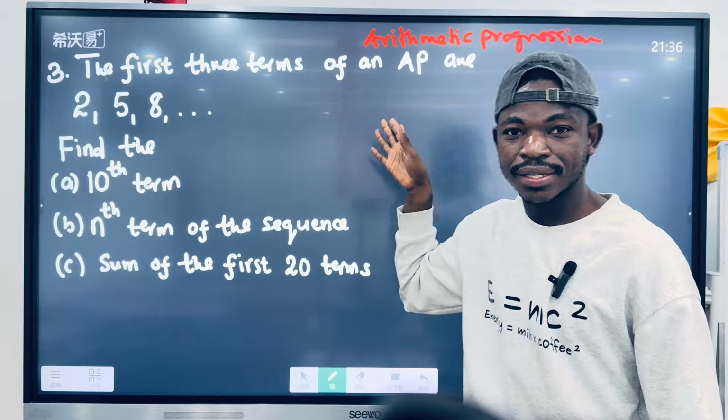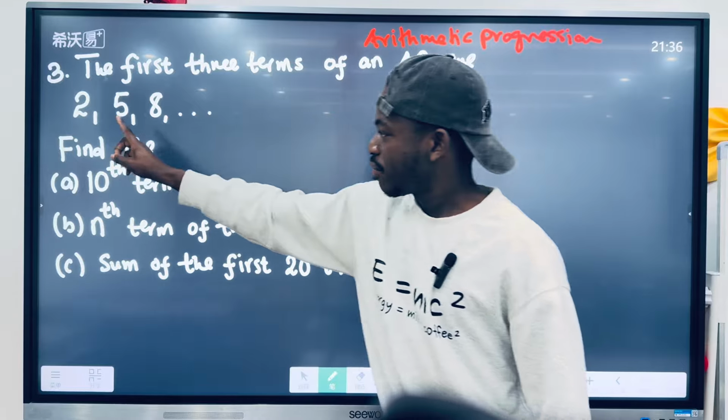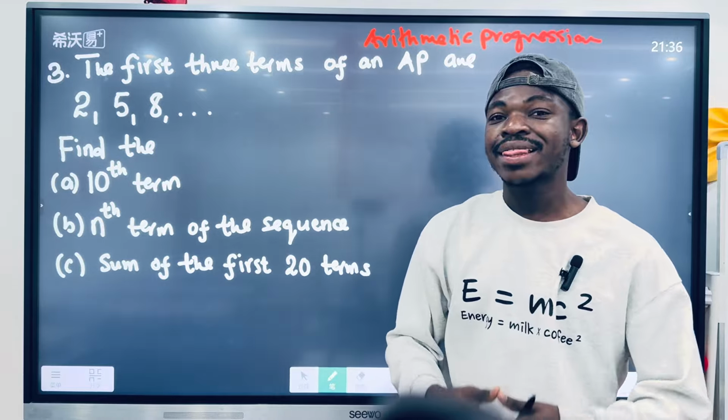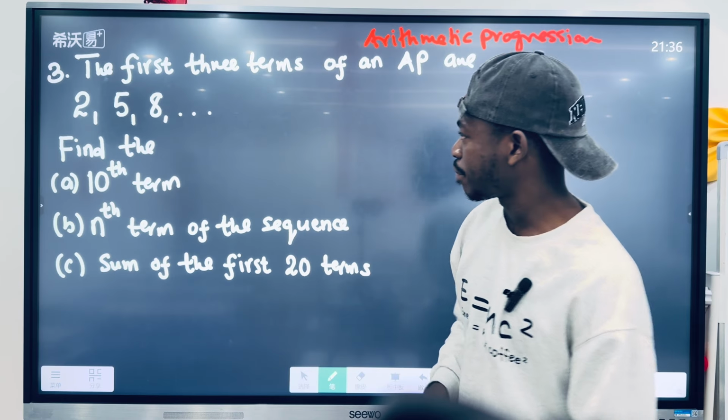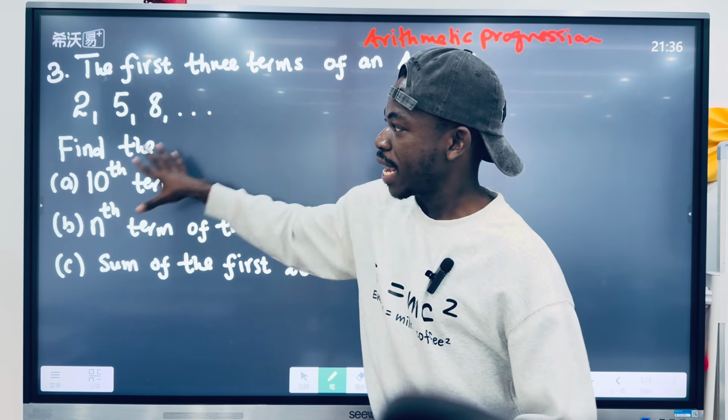So we have a sequence. The first question says find the 10th term. Okay, so we have this AP.